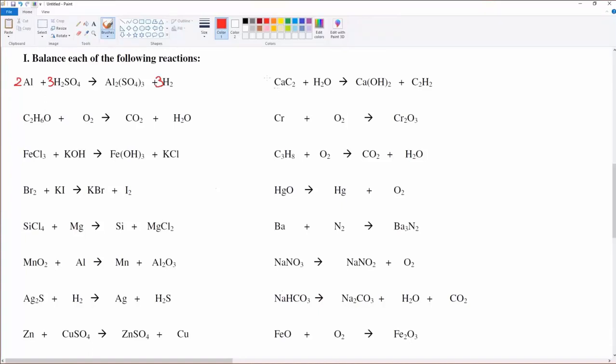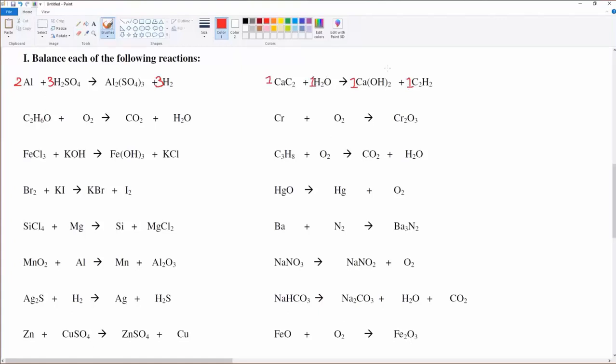Excellent. I'm balancing the calciums against one another. It's good. Two carbons. Two carbons. That looks good. Okay. Two hydrogens. Two hydrogens looks good.